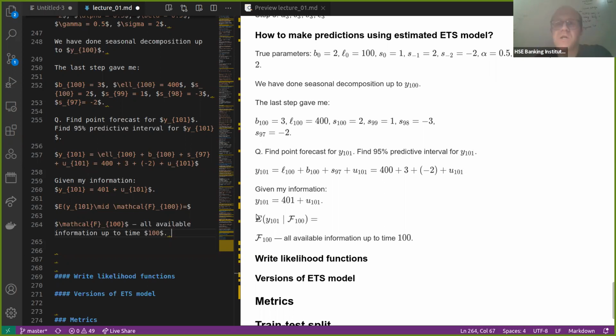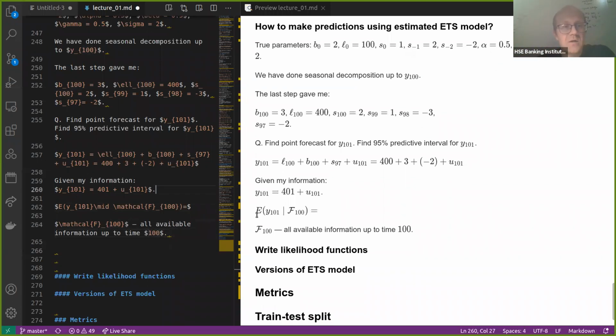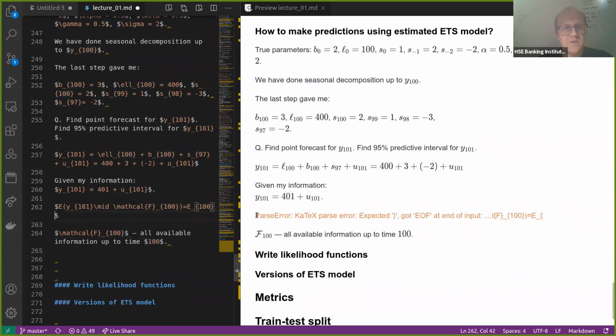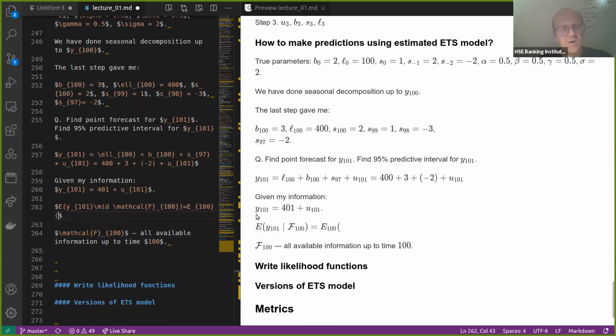The calculations are simple in the ETS model case. In some other models, it may be difficult, but for ETS models, calculations are very easy. Okay, so how can I calculate this value? Sometimes it's also denoted by expected value, with this index put in the index of expected value.